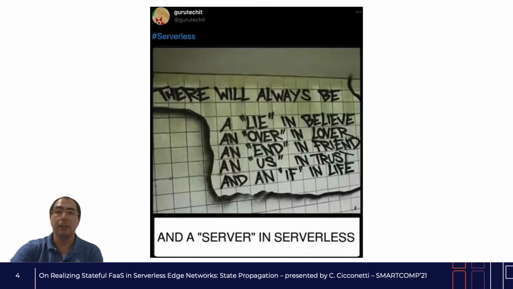In serverless, basically every service provider assumes that the functions are stateless, meaning that they only provide a given response, a given return value based on the input arguments. They do not share or keep a state with the application that is invoking the function.